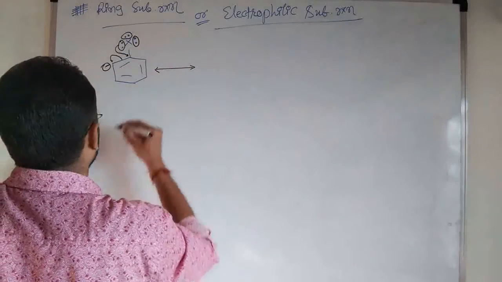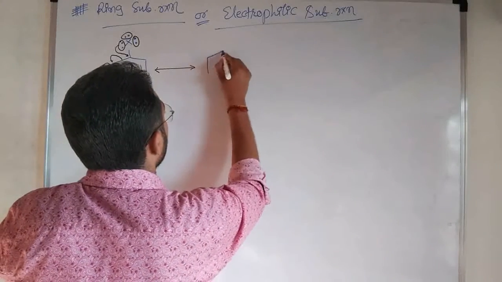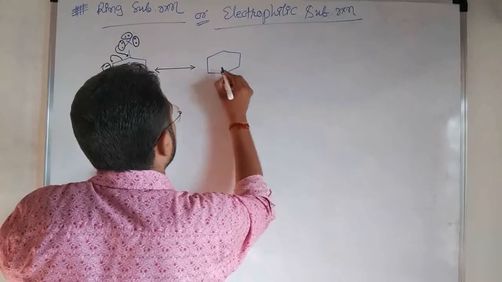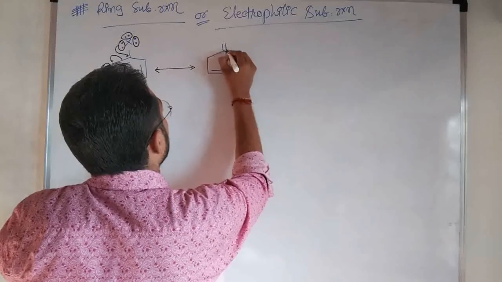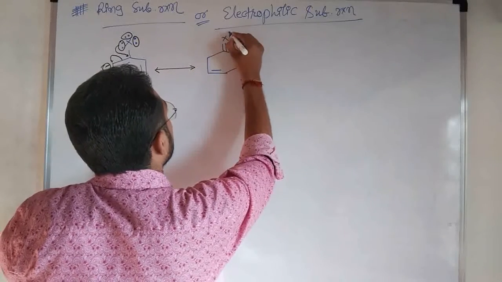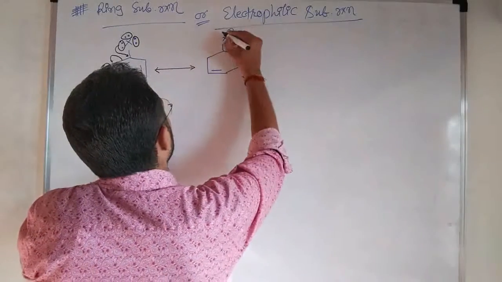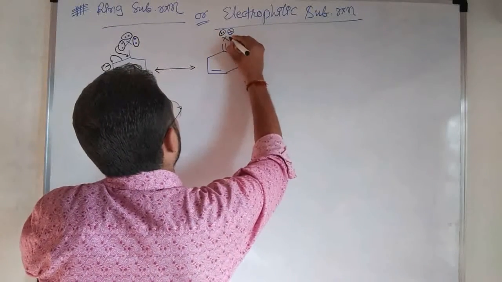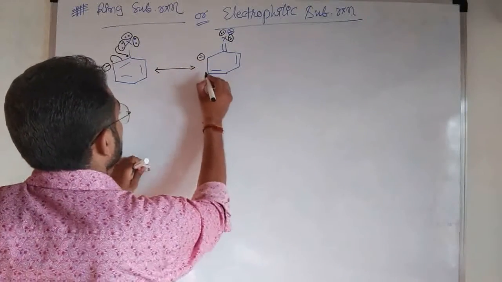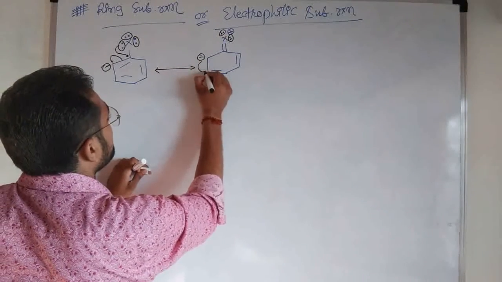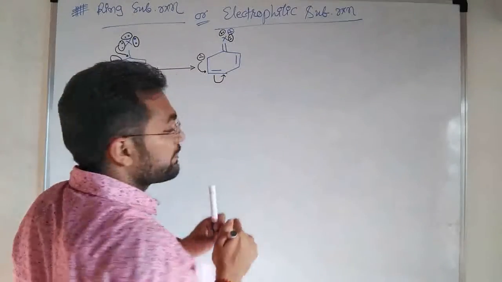Next step, same way, negative charge here, the remaining double bond acts with the positive charge, and here 1 and 2 lone pairs. The negative charge attacks on this carbon and opens up this pi bond.